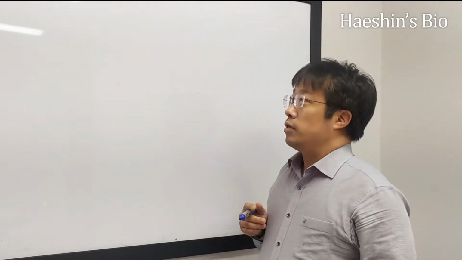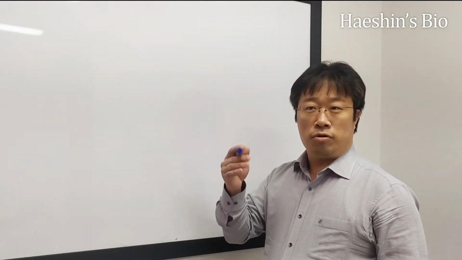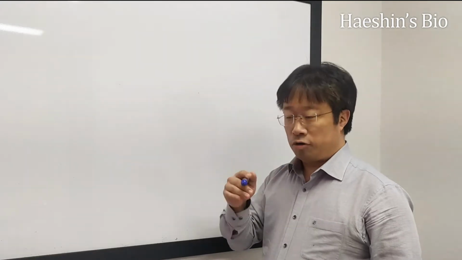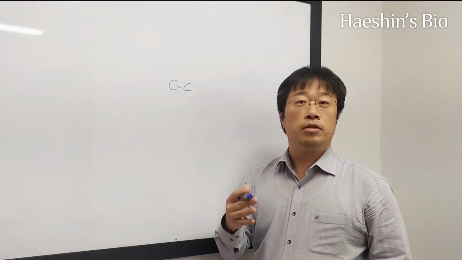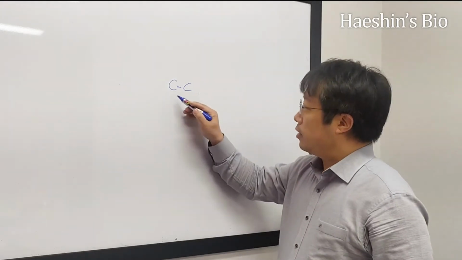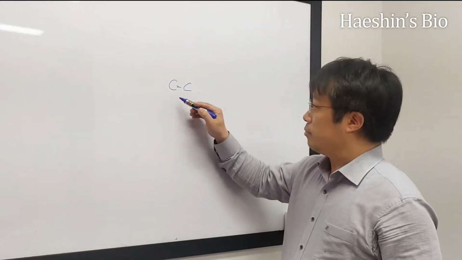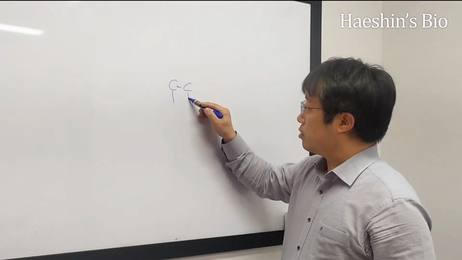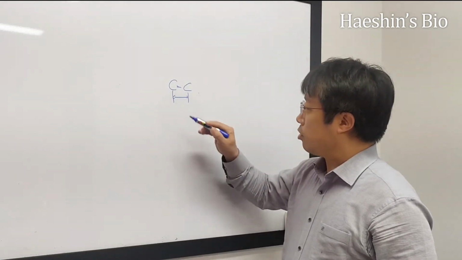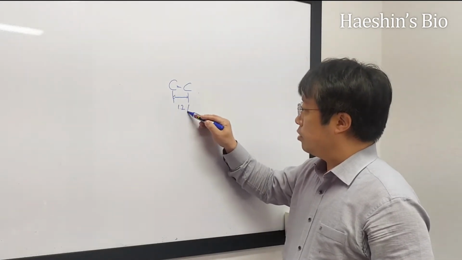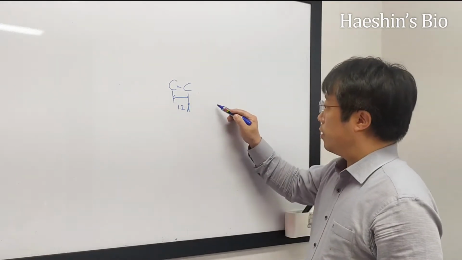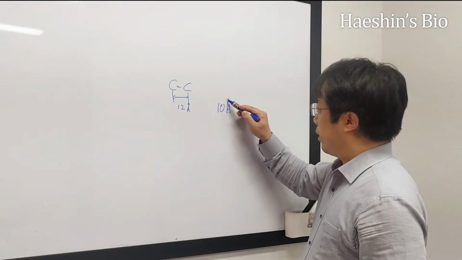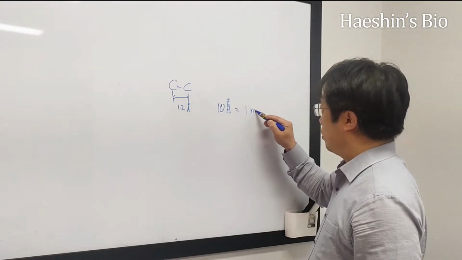So let's remind ourselves of what you may have learned about carbon and carbon structures, which are the fundamental structures of carbon. You may remember, or not, that the bond length between carbon and carbon is about 1.2 angstrom, in which 10 angstrom is equal to 1 nanometer.